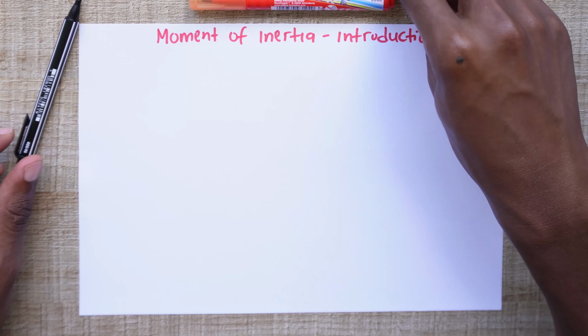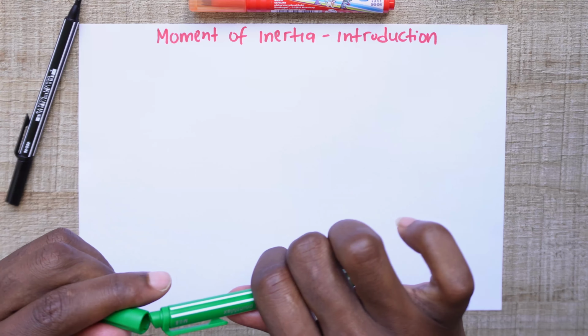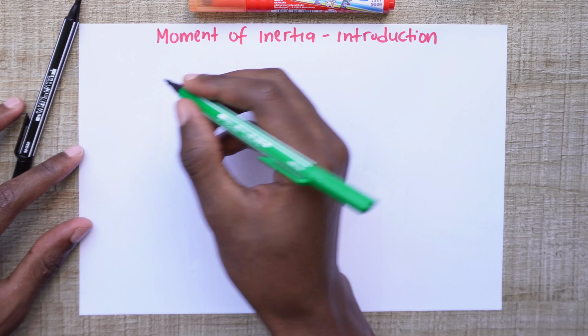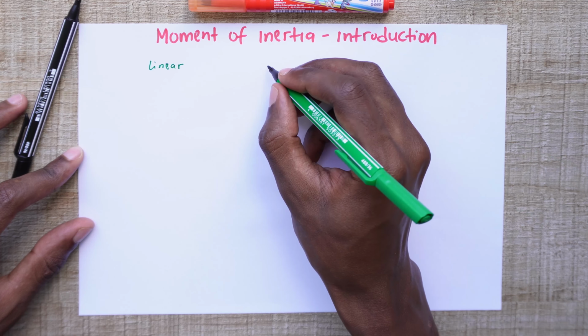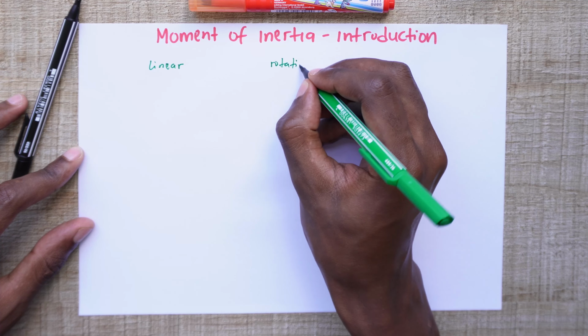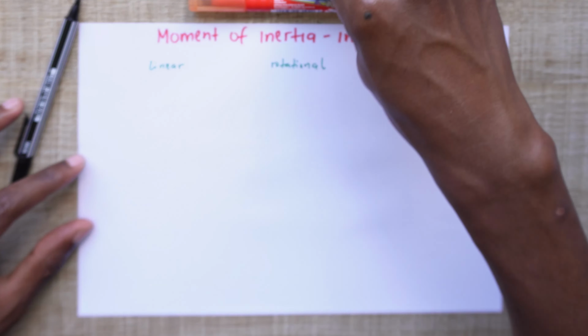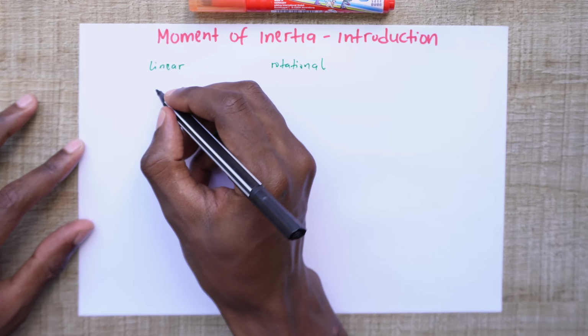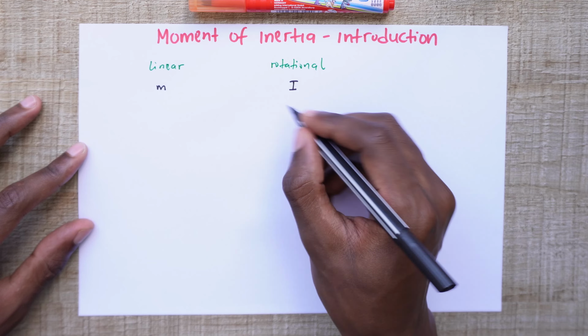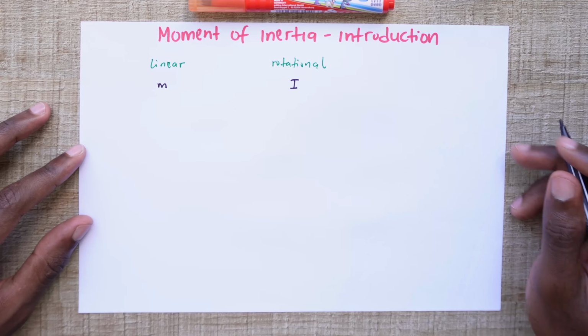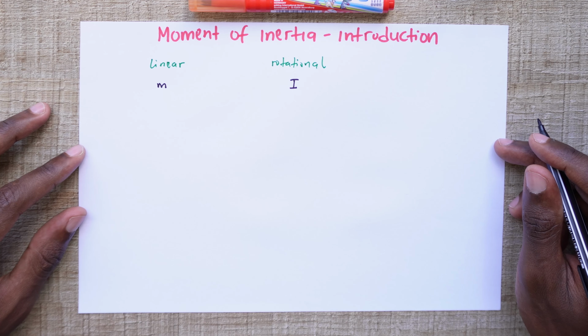So if we just want to establish a simple comparison, let's say we have a linear motion on one side and a rotational motion on the other. The mass in a linear motion is analogous to the moment of inertia, which is what we are studying here.